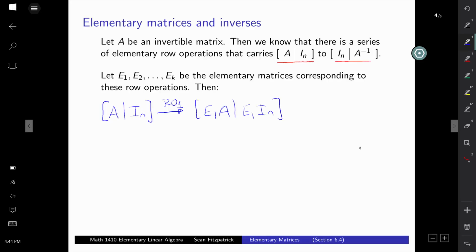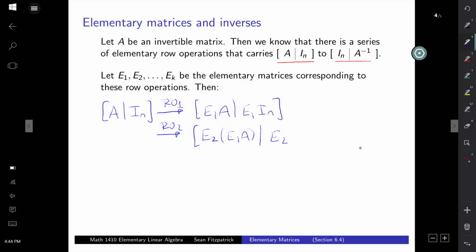But then we could keep doing row operations. We could do a second row operation, row operation 2, right? When we do our next row operation, remember that every time you do a row operation, you do it to whatever you had at the previous step. We don't go back to the beginning. So the matrix E2 representing the second row operation is something that I multiply by the matrix E1 A that I had at the previous step.